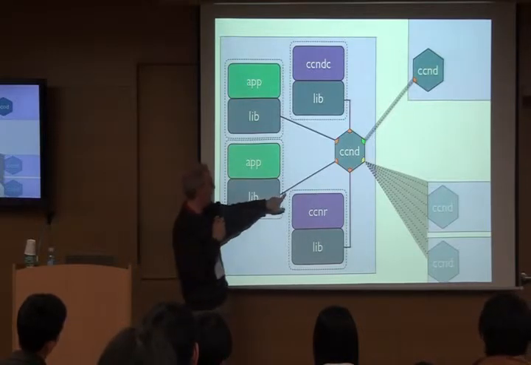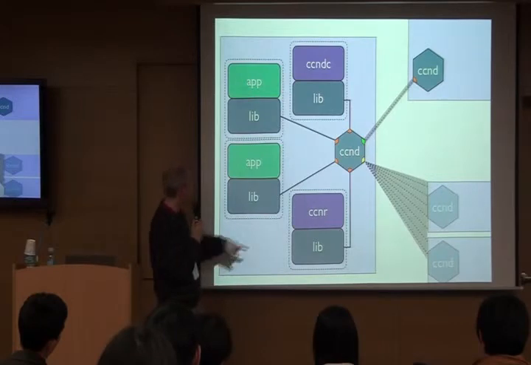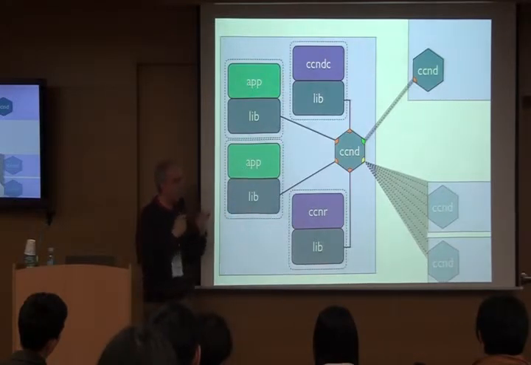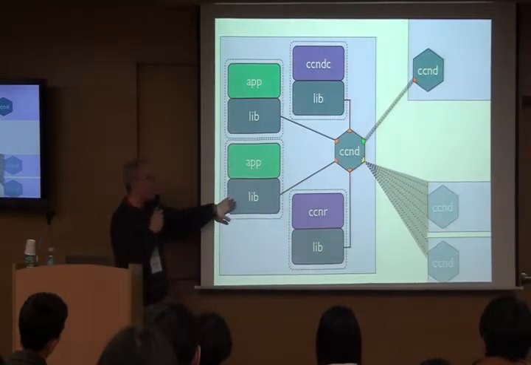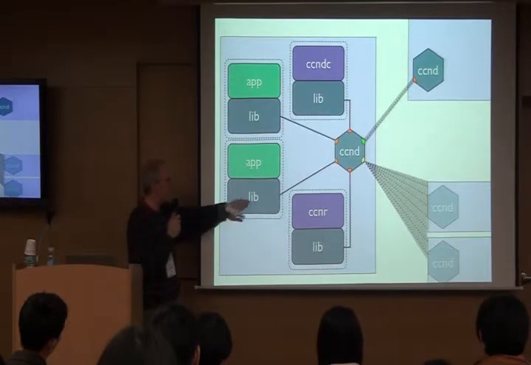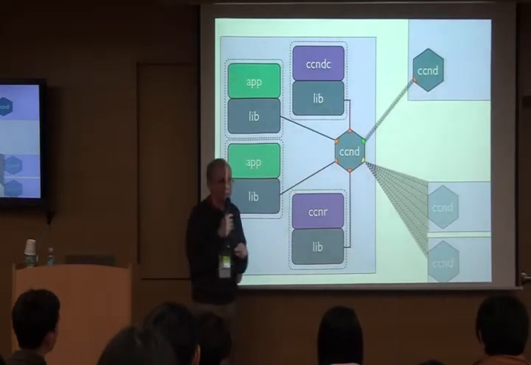And these thick black lines within this box, where the box represents one machine, like your laptop, represent a connection that the library makes to transfer bits between itself and the CCND.